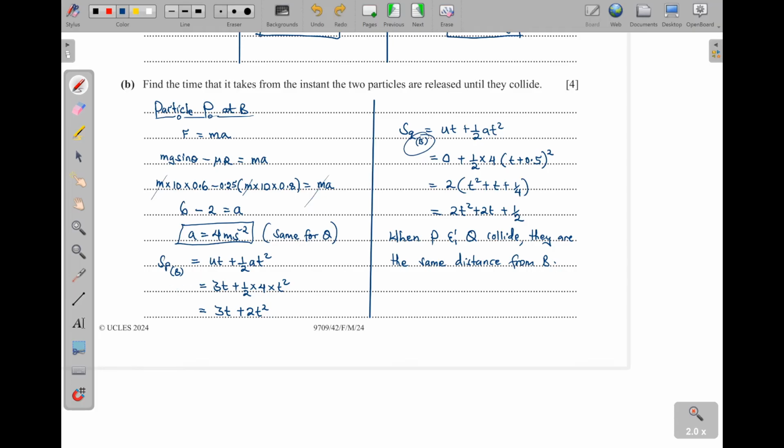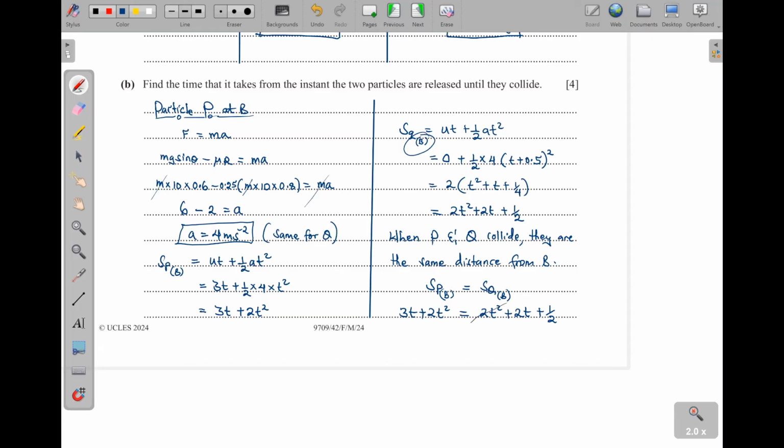So we have S_PB equal to S_QB. So for P, it is 3t plus 2t squared, equal to, for Q, 2t squared plus 2t, then plus a half.